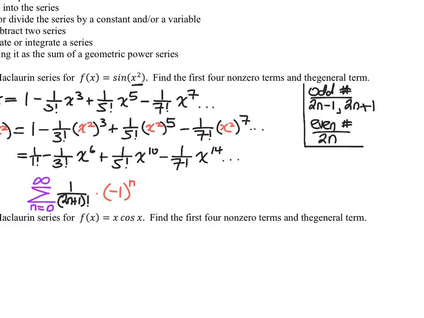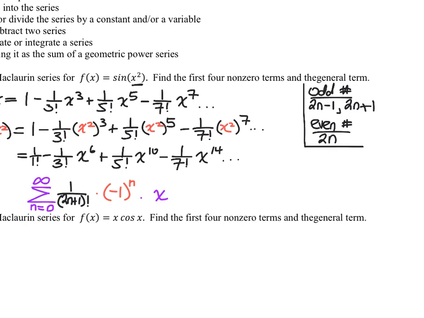Now I need to address the x's. Well, the easy part is just writing the x. Now it's going to be raised to a power. Now, instead of trying to think of a rule that's going to get you 6, 10, 14, and so on, what I would be thinking of is the rule that gets me from my denominator to the exponent.